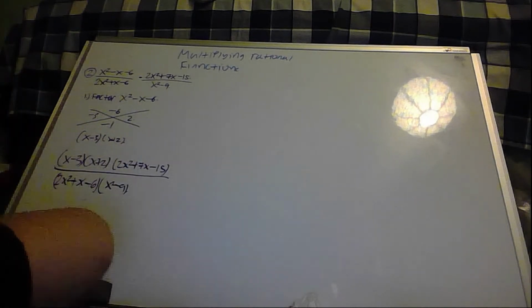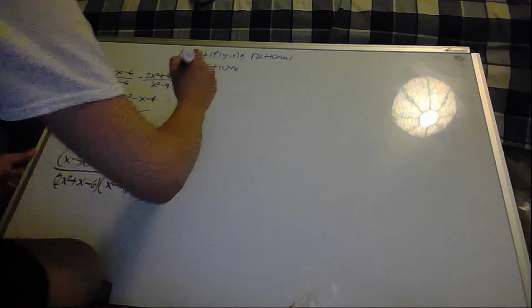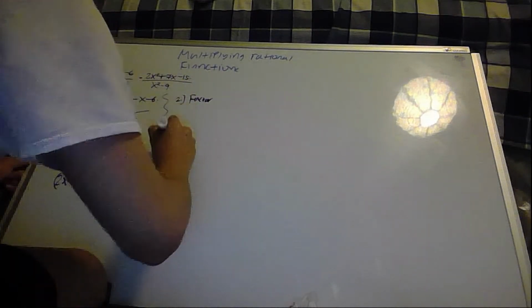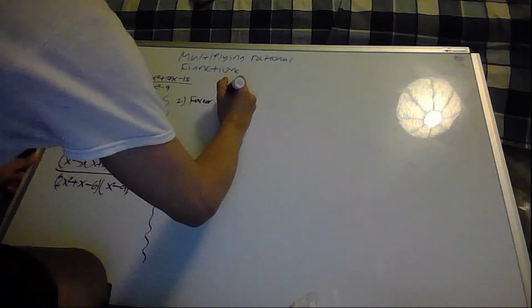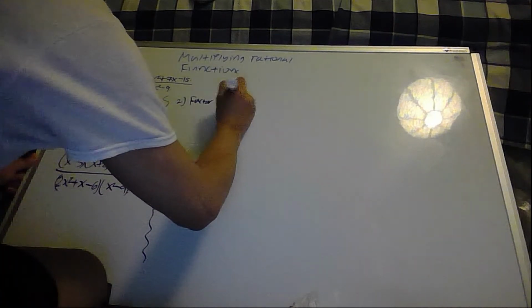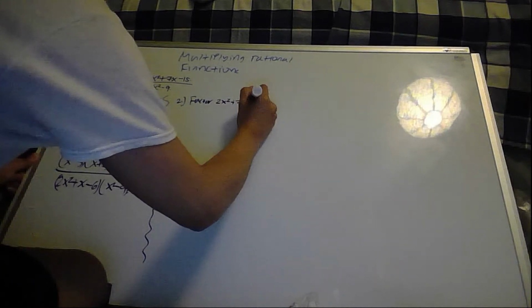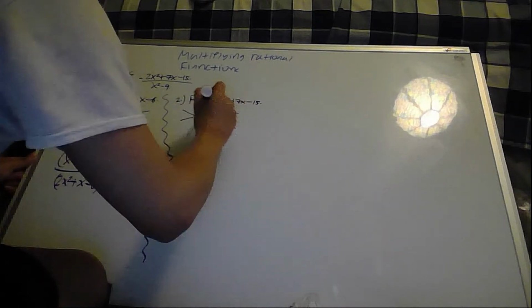We're not done factoring. You're going to then factor 2x squared plus 7x minus 15. Now this is one where we have to use the box method.